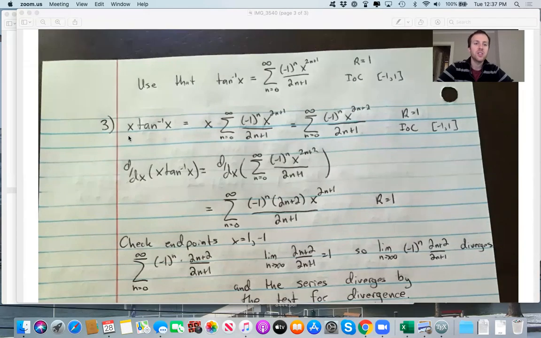How we can find a series for this, or the derivative of this function, is to take the series for the original function, so x inverse tangent has this series, and differentiate this series. So that's like saying this function, if we want to find a series for its derivative, we take this series and we're going to find its derivative.